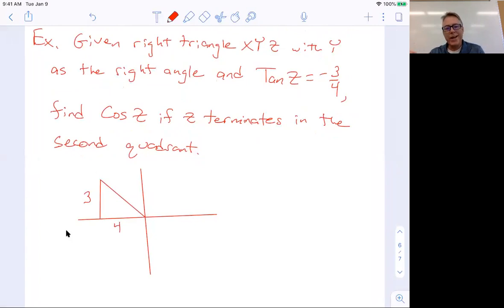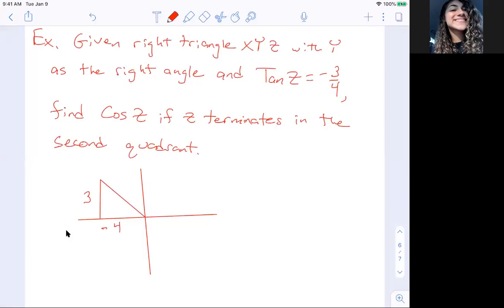But remember, it's -3/4. It's key that it's in the second quadrant because this is not negative. This is the negative. The 4 would be the -1 because that's our x value and the 3 is the y value. So that's why you have to be careful about the quadrant that you're in.